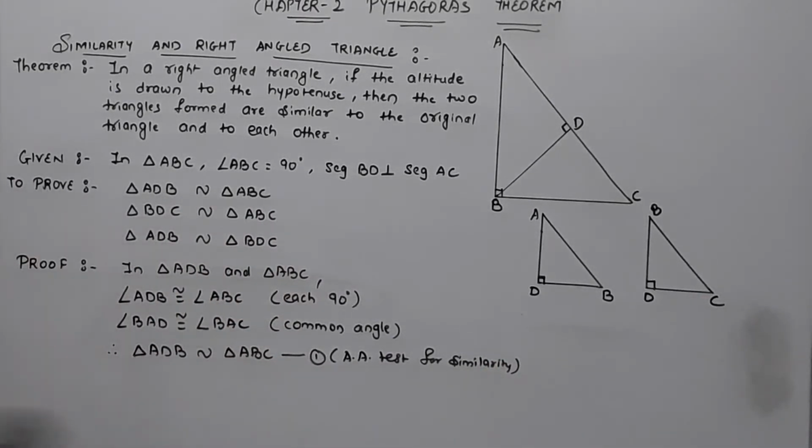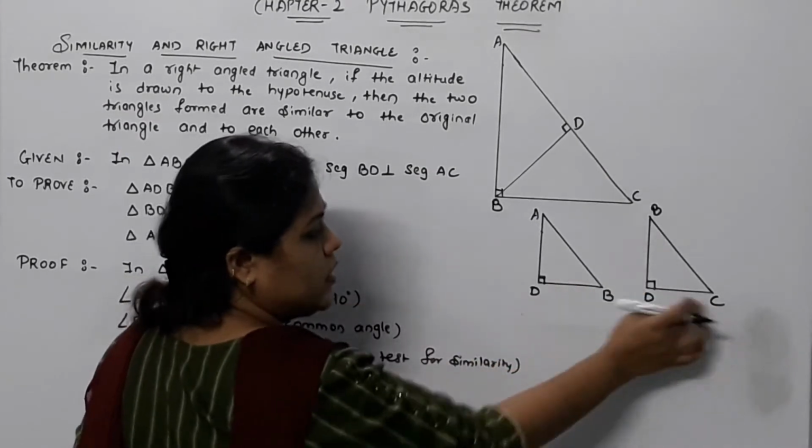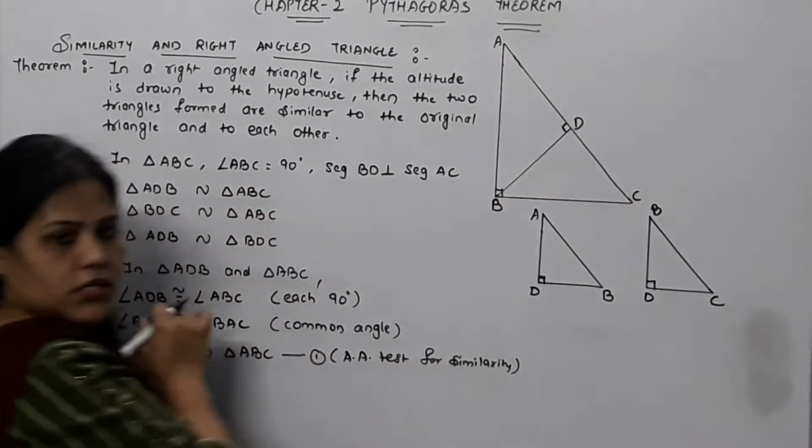Now we'll see the second part, BDC and ABC. For this, again I have drawn one triangle BDC that we are going to compare with ABC.